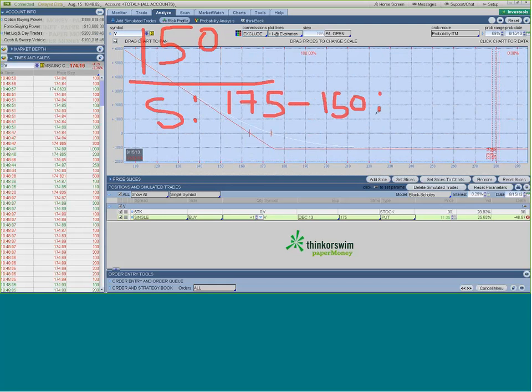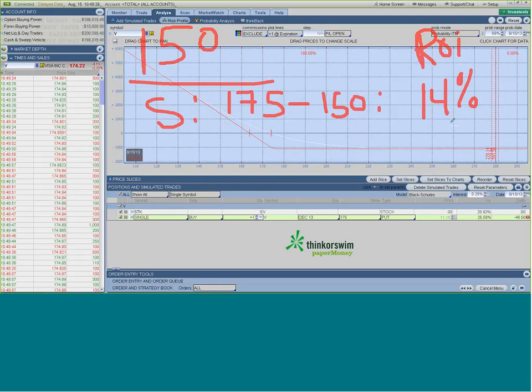What's that percentage-wise? 25 divided by 175 equals a 14% return on investment, ROI. That means in your trading account, if you sold short 100 shares of Visa and it goes down to $150 a share, you make a 14% return on investment.